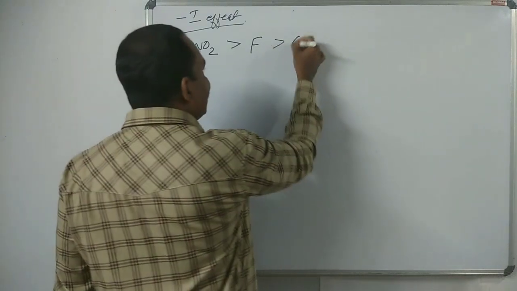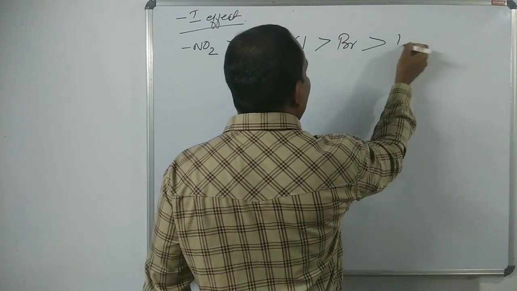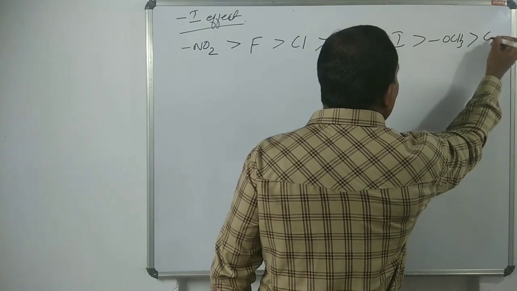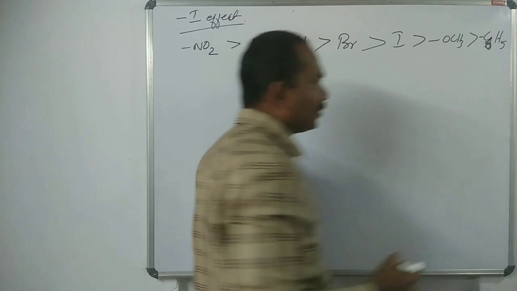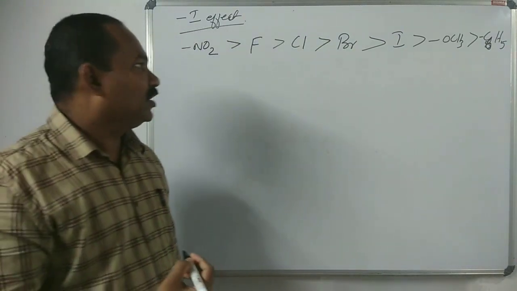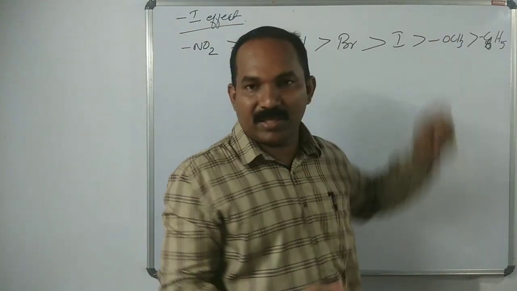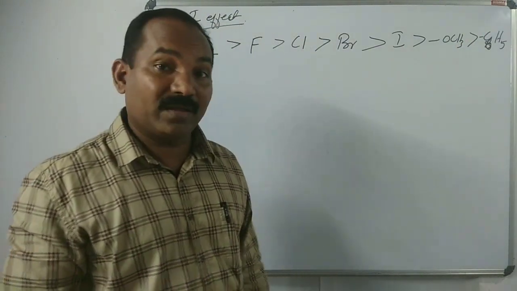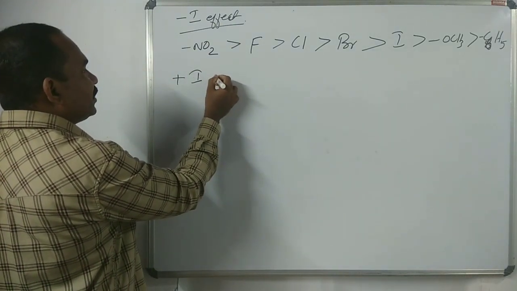Then chlorine, bromine, iodine, OCH3, and C6H5, the phenyl group or benzene ring, which withdraw the electron pair. So NO2, F, Cl, Br, I, OCH3, the alkoxy group, then C6H5.